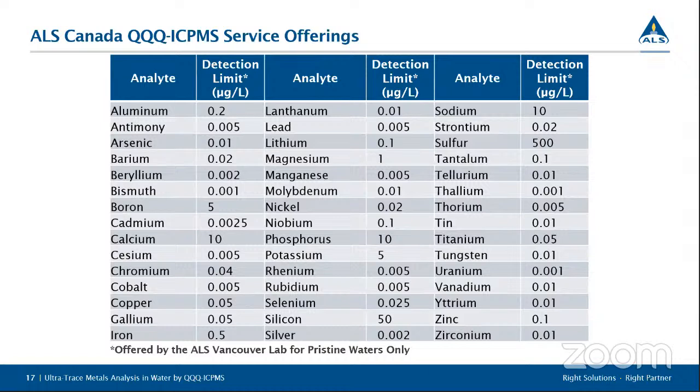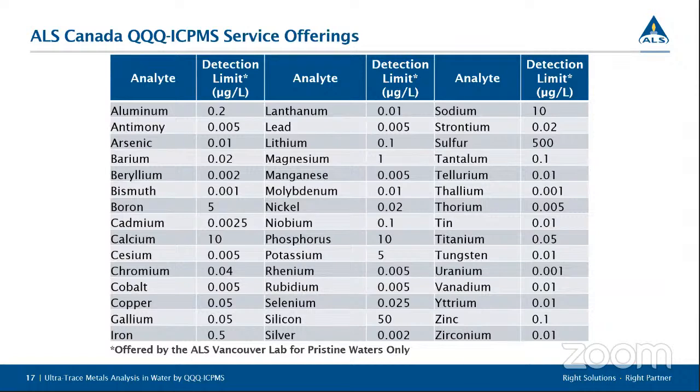So finally, here's a full list of detection limits currently being offered for total and dissolved metals in pristine waters. A few highlights would be cadmium at 2.5 nanograms per liter, about 50% lower than the routine 5 nanograms per liter detection limit.